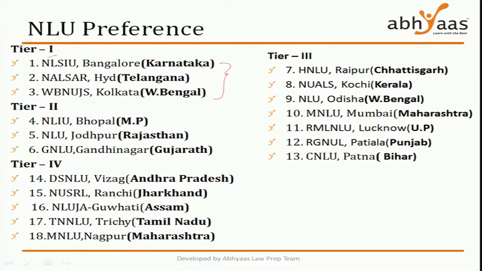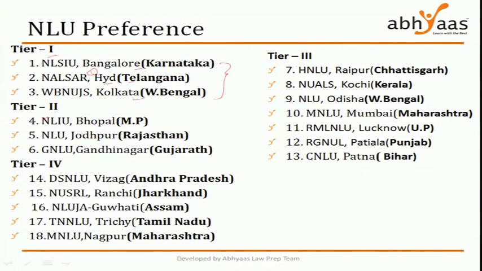Please do give the same order: NLU Bangalore first, Hyderabad second, and NLU Kolkata third. But if you are very specific and very confident that you are going to get admission into the first ranked college, and you have a strong preference of staying only in Hyderabad, then you can put this as number 1 preference.